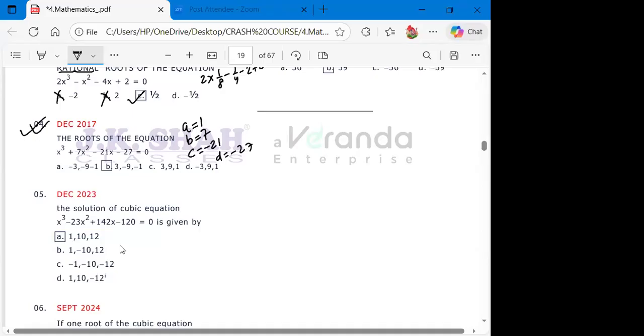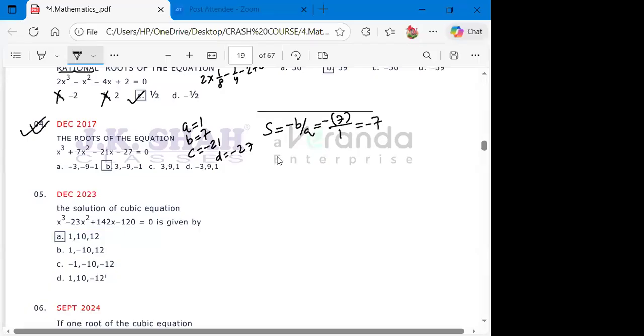Correct? Now I told them that there is a shortcut in this topic and that says the sum of the roots is minus b by a. So minus b is how much? Minus 7. a is how much? 1. So the sum has to be minus 7.